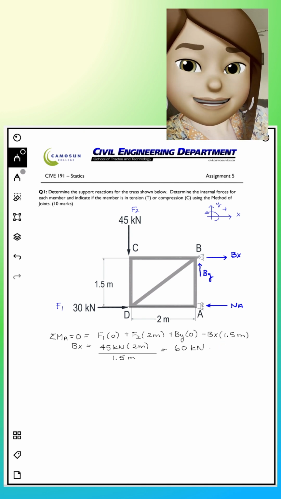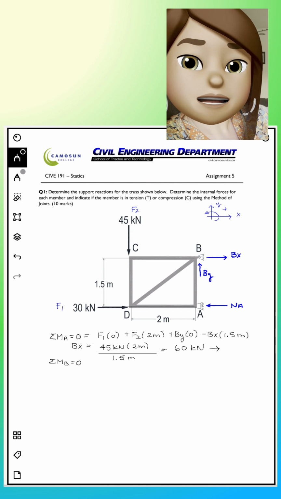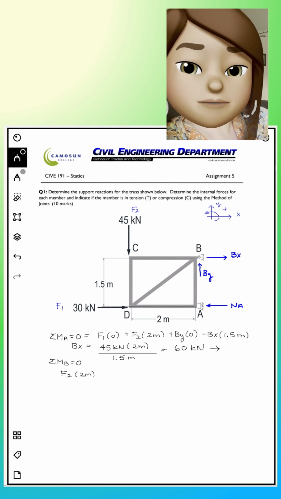Happy. Joy. Now, let's do sum of the moments at B. And then we can solve for that normal force at A. What do we got? This F2, that 45 kilonewtons at a moment arm of 2 meters, causing that positive rotation.